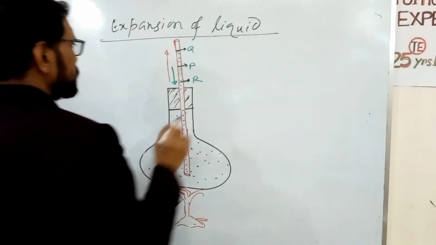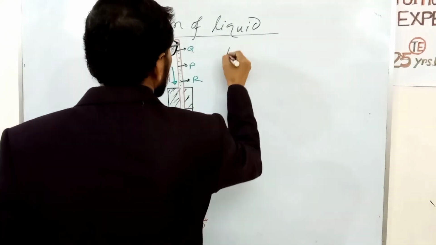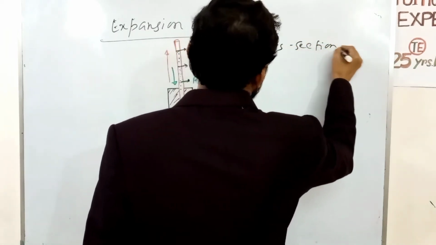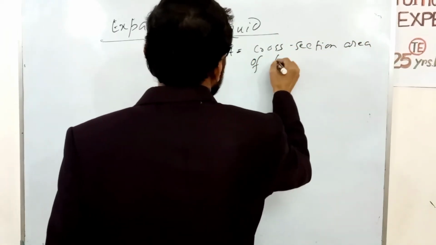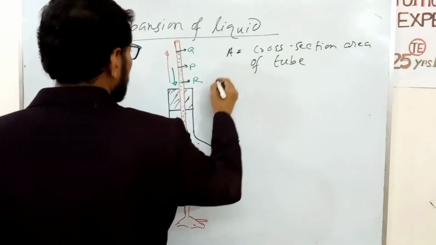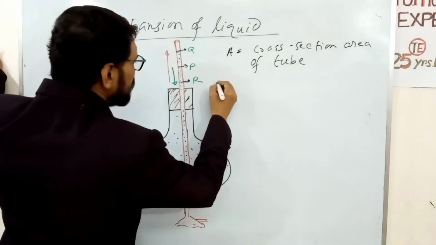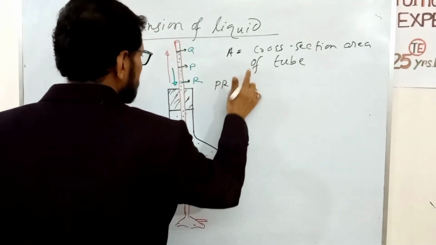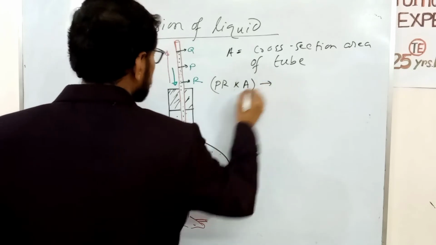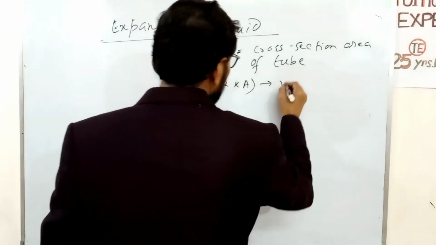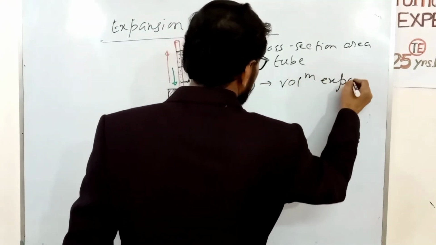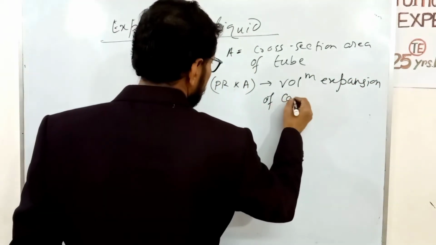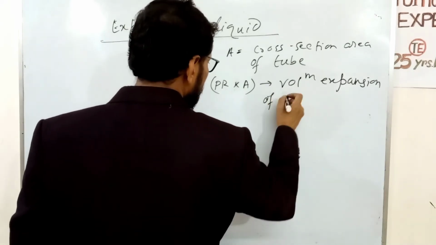So here, if A is the cross section area of the tube, what is PR? PR into A is the volume expansion of the solid, that is the volume expansion of the container.